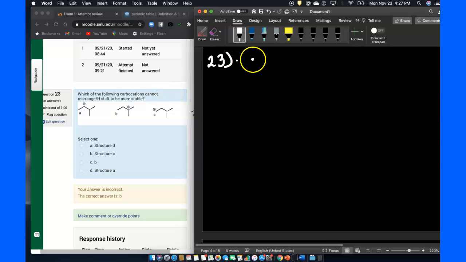Okay, so carbocations are ones that have a C+. So like this is tertiary, because you have 3 carbons around the C+. This is secondary, 2 carbons around the C+, and this is primary, 1 carbon around the C+.